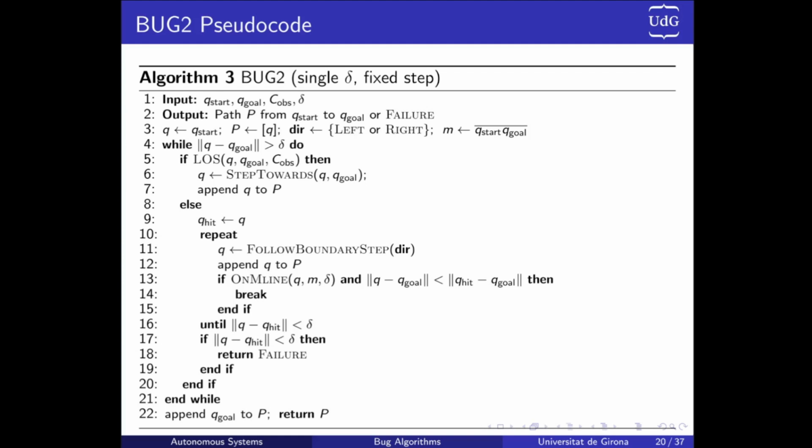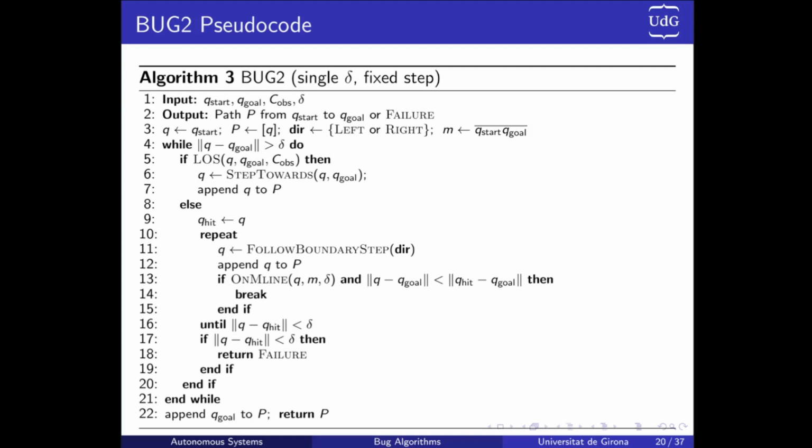Then we just break this follow boundary and we go again to the line of sight, moving towards the goal. Otherwise, this is repeated all the time until we reach the hit position.